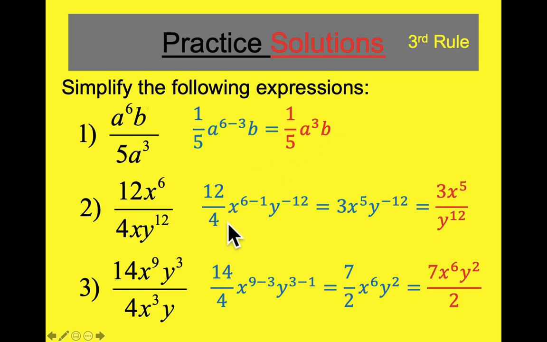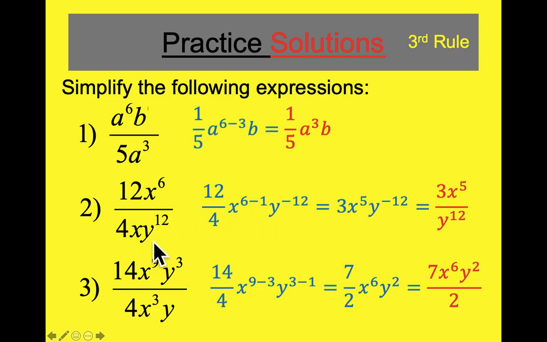Then on the next one, first thing that we do is manage the constants, so 12 over 4. Then we combine the x terms by taking x to the 6 minus 1. And then we recognize that we have y to the negative 12. There is not anything to subtract from in the top, though.